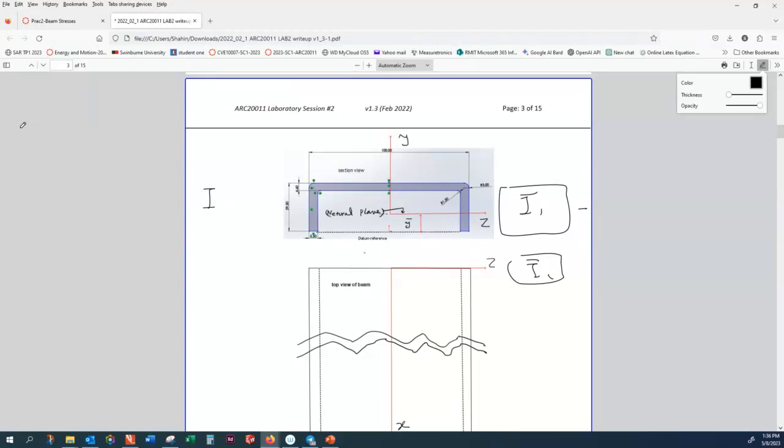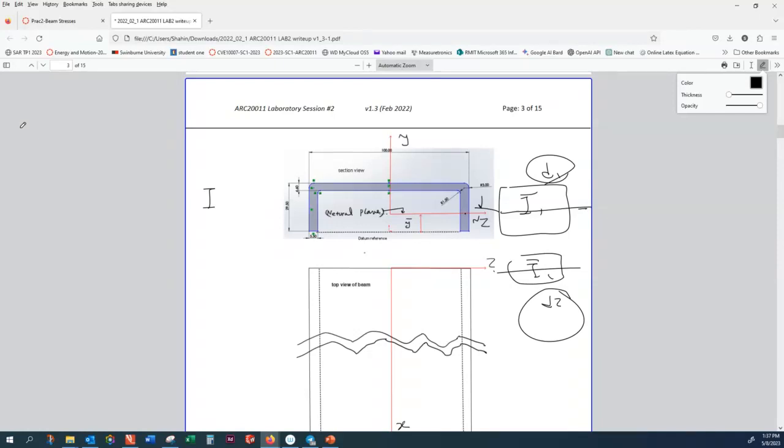These are with respect to the center of this one and the center of this one. But these centers do not coincide with the neutral plane; this is D1, this is D2. So you calculate the penalty for this. This is the parallel axis theorem.